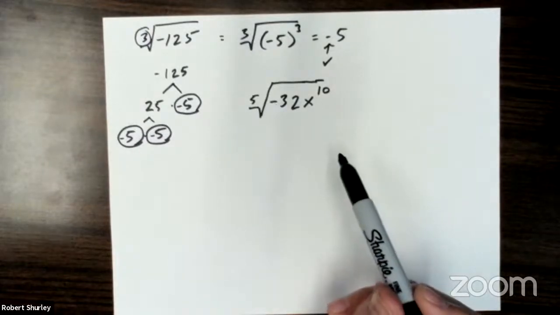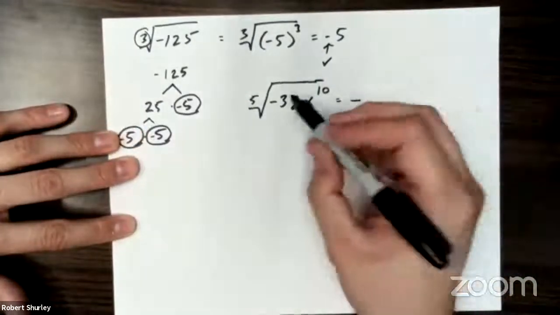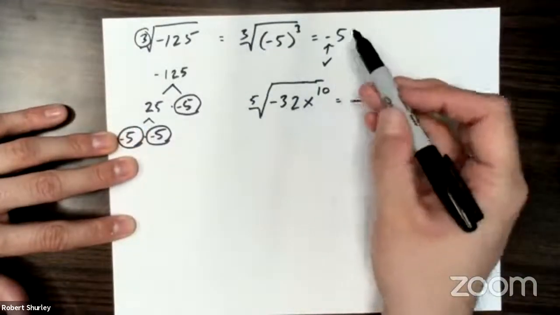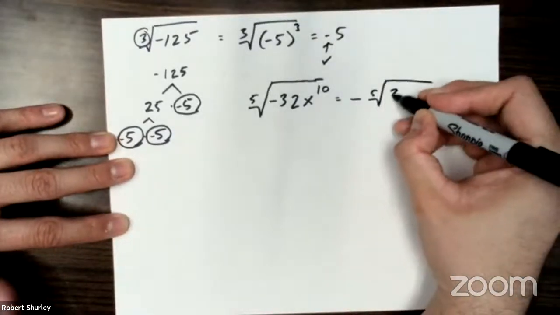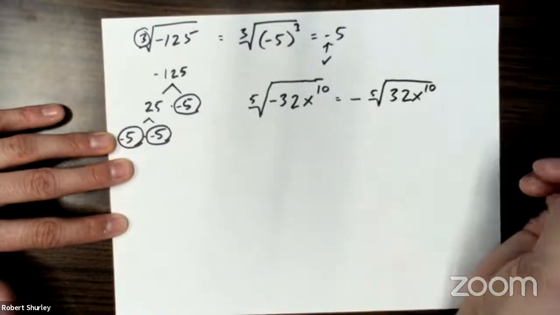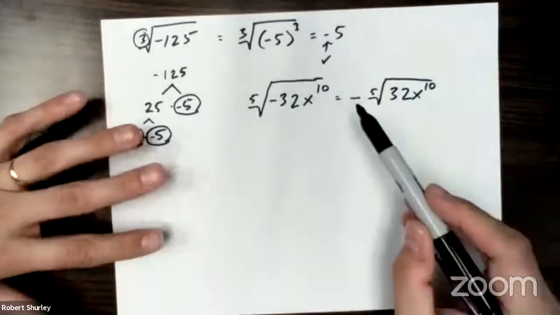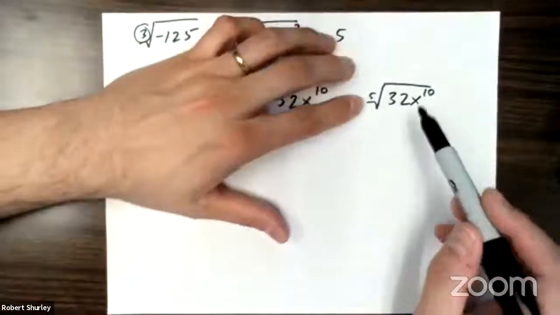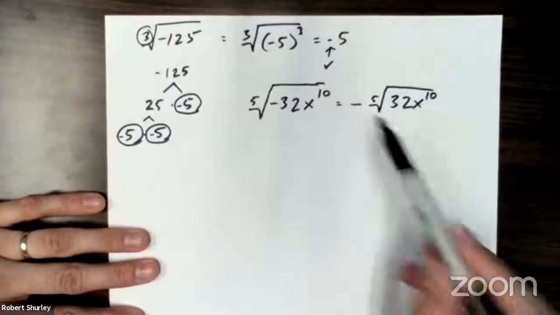So you can write it as negative, because it's going to wind up being negative in the end, the fifth root of 32x to the 10th. That's one of those shortcut things that a lot of students will do, so they can just focus on the root and not have to worry about the negative.